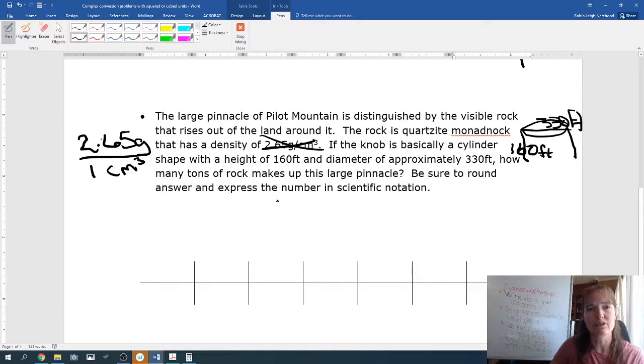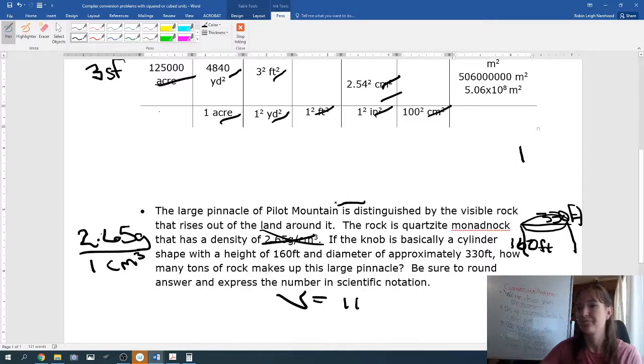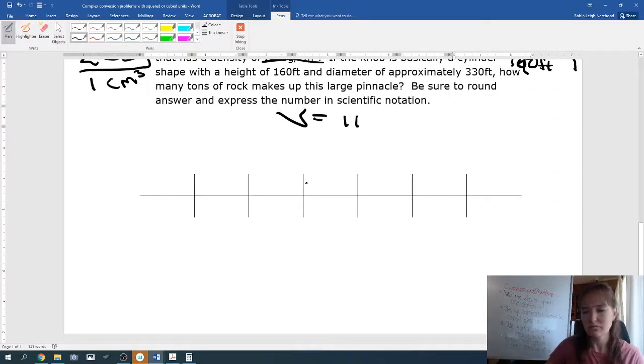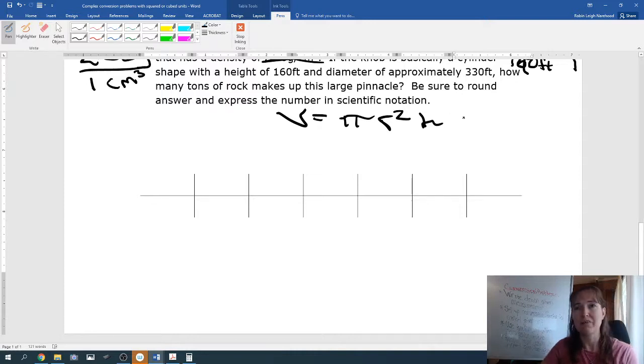A cylinder, the volume for a cylinder is pi r squared h. And so we have the diameter.